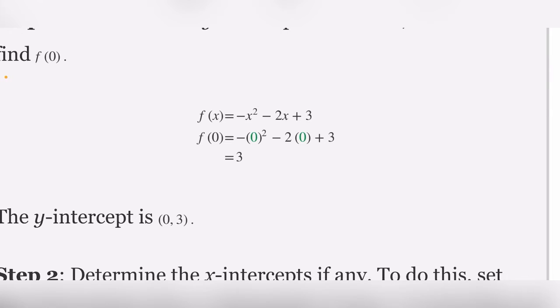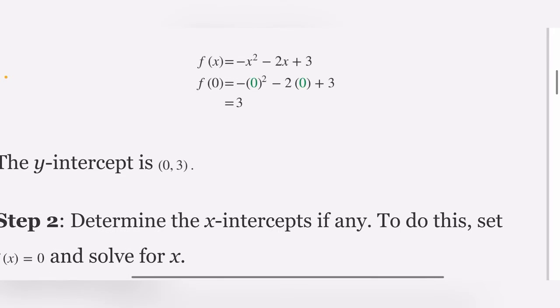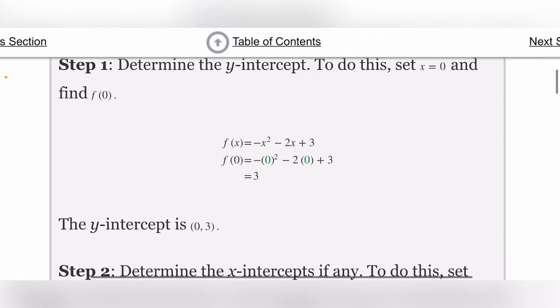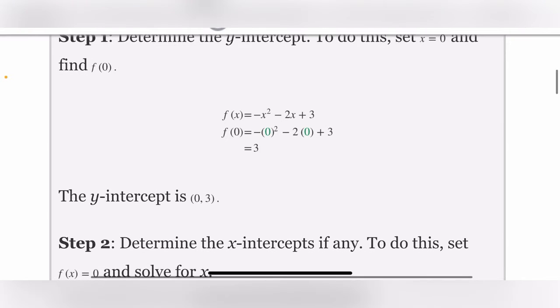F of 0 will be equal to negative 0 squared minus 2 times 0 plus 3. It gives us 3, so the y-intercept is (0, 3). This function intersects the y-axis at the point (0, 3).